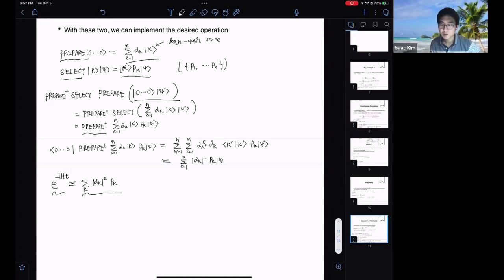So provided that you can find those circuits, by simply applying these three operations and measuring the zero state, you can actually implement this e to the minus iHt.